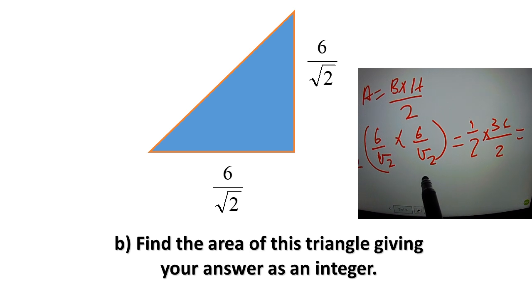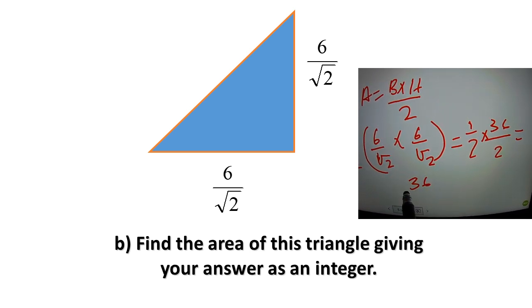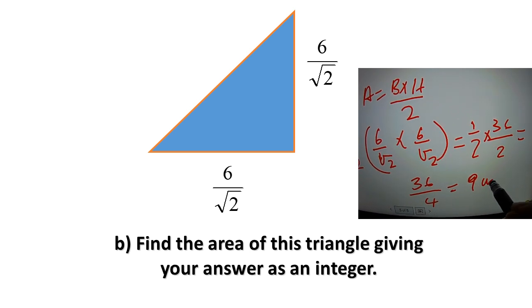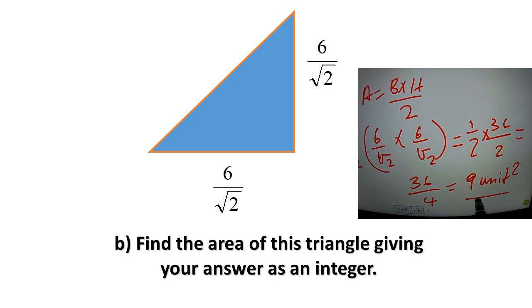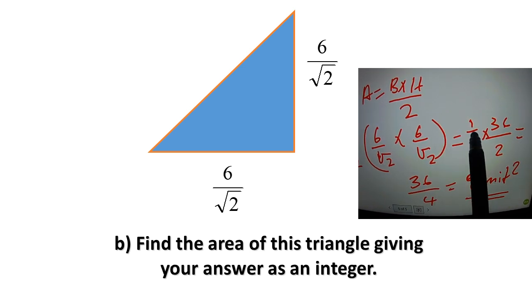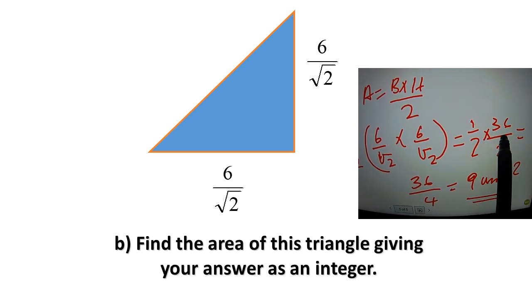So your answer is going to be 36 over 4, which is 9 units squared. So 6 times 6 is 36, root 2 times root 2 is 2. So half times 36 over 2, 2 times 2 is 4, so 36 over 4 is 9 units squared.